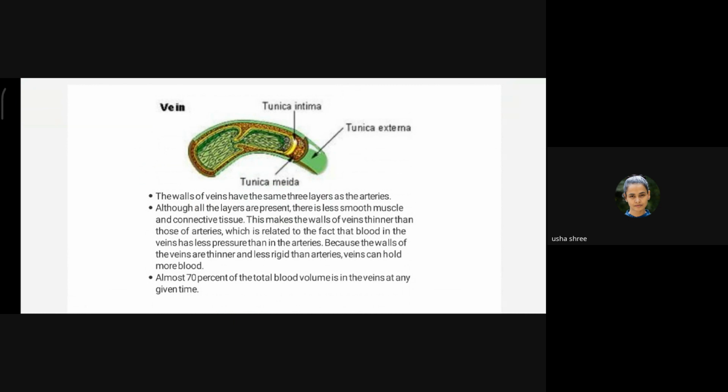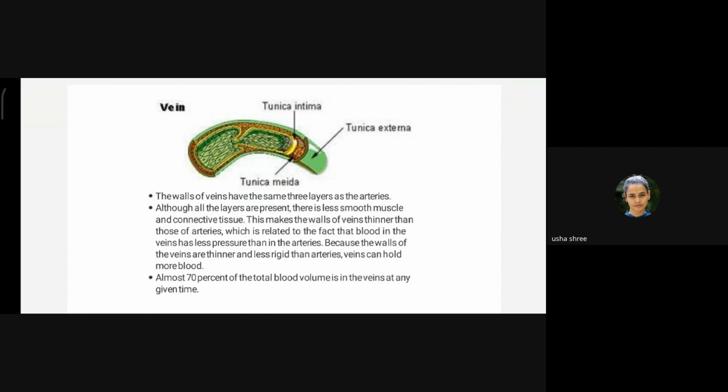That is smooth muscle, which is related to the fact that blood in the veins has less pressure than in arteries. Obviously, in arteries, the heart is mainly pumping the blood, and the pressure generated from the heart is more in arteries in comparison to veins.